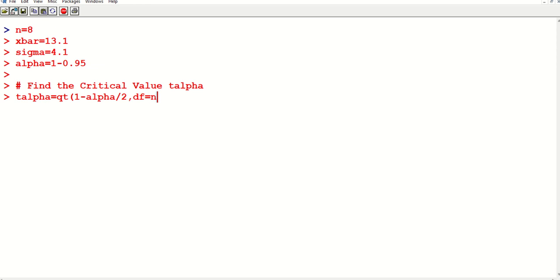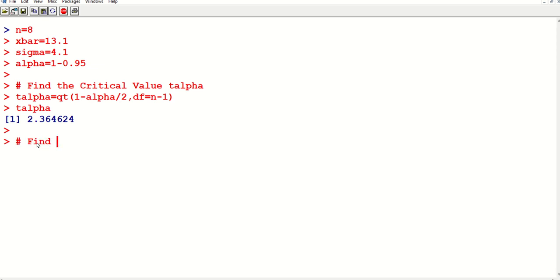What is the degree of freedom? It is n minus 1, always n minus 1. Enter. This is the value of t alpha for this question. So here you need to remember qt, and you need to add the degree of freedom, df is equal to n minus 1.